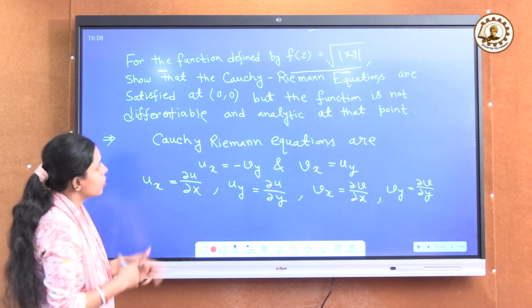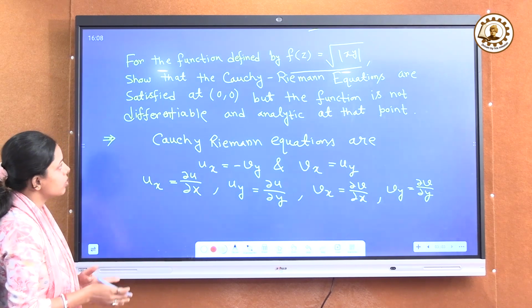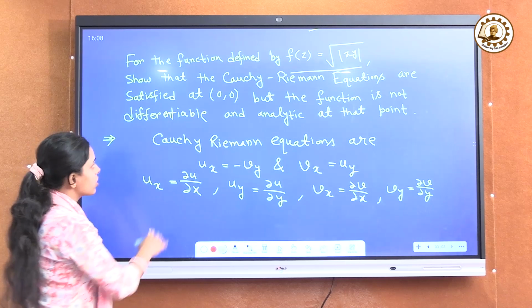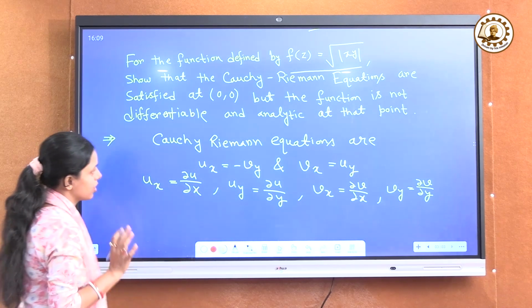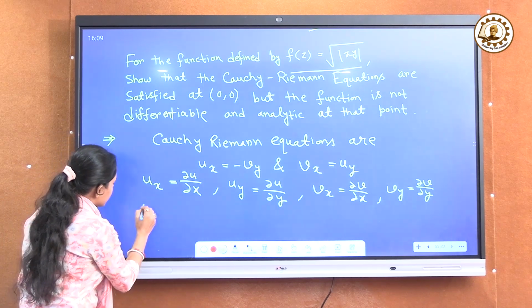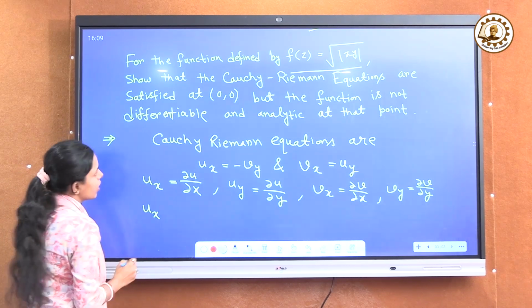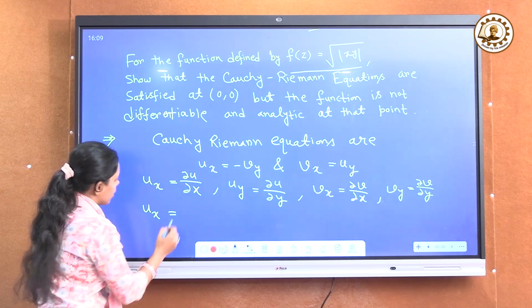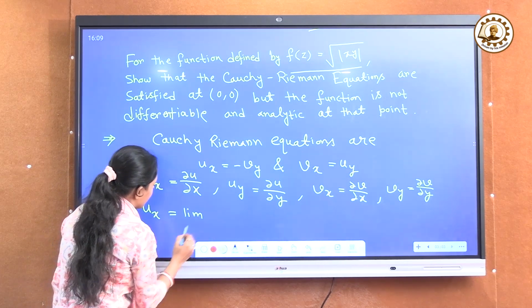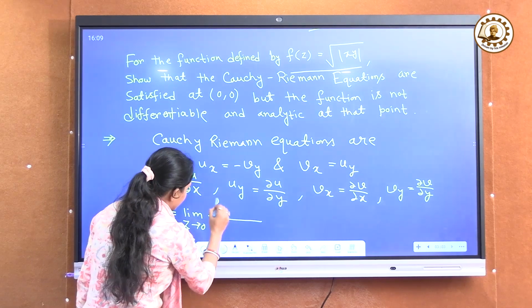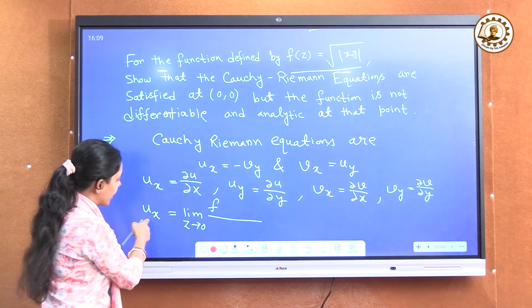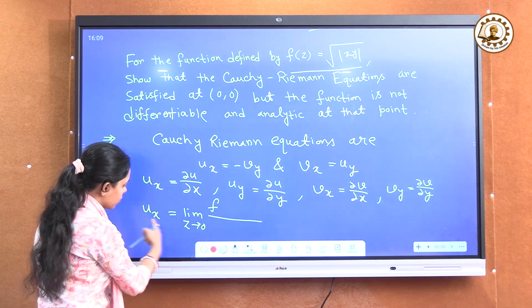Before we satisfy the Cauchy Riemann equations at the origin, at first we calculate these four partial derivatives. Let at first ux equal to limit z tends to 0 of f of z with respect to x.